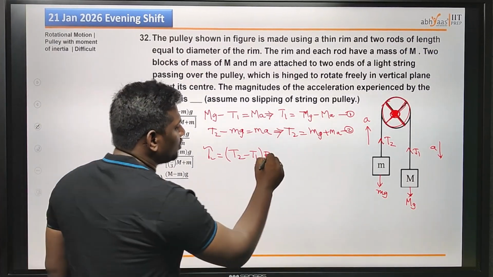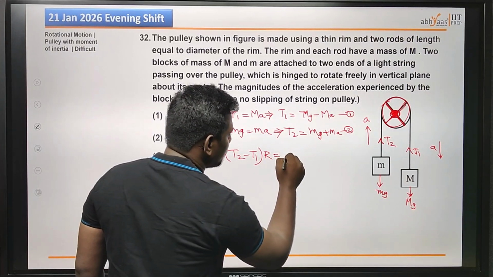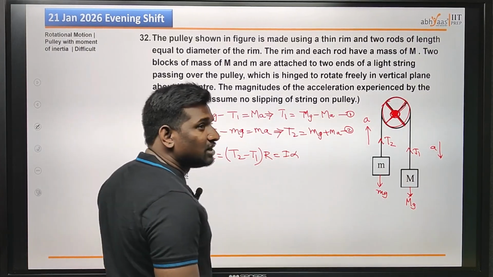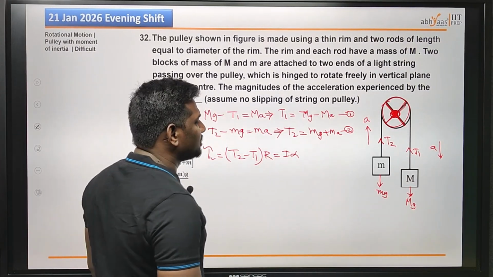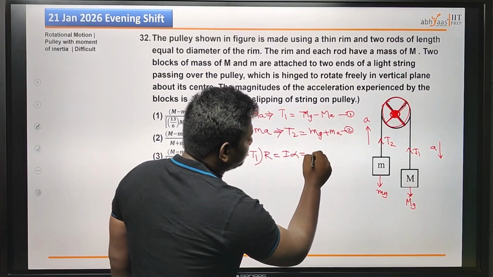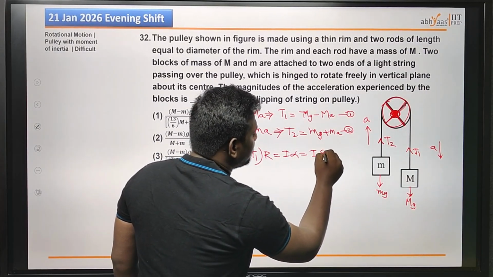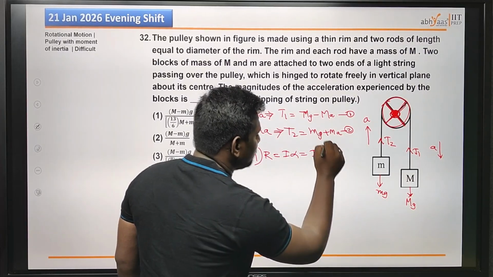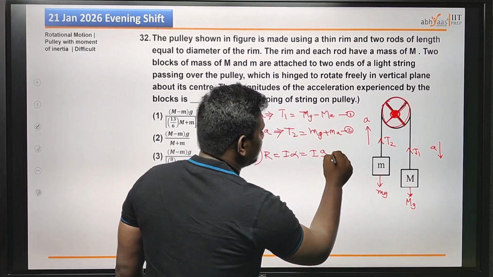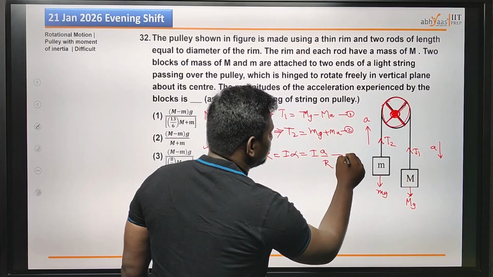So torque tau equals, from rotational motion, I alpha, angular acceleration, and alpha can be written as A by R. This is our equation 3.